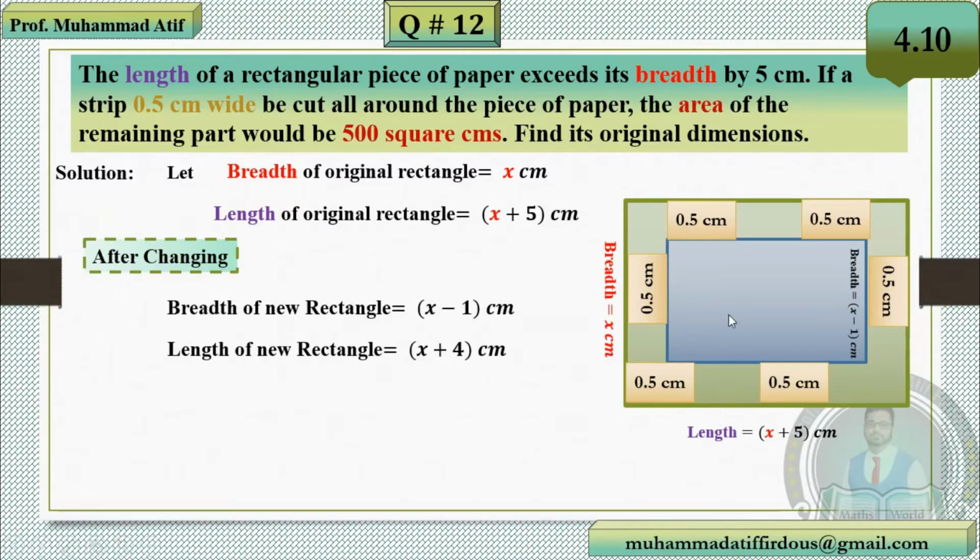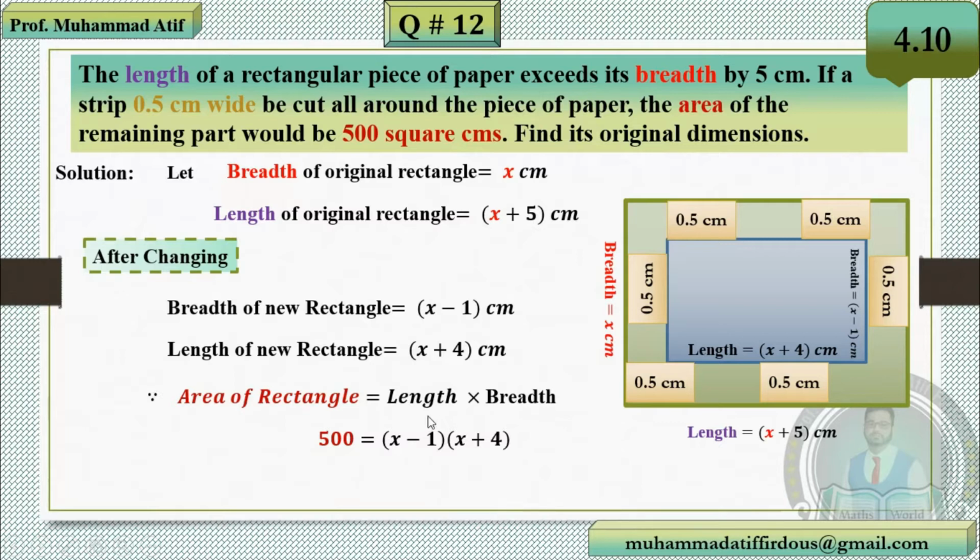So this is your new rectangle, and we know that the area of a rectangle is equal to length into breadth, and given that your area is 500 square centimeters, your length is x plus 4 and breadth is x minus 1. Just simplify this equation, you have your answer.